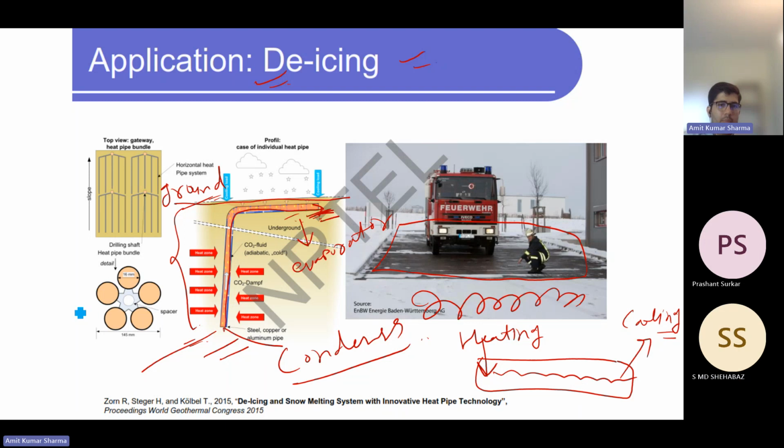Yes, sir. Why? Because the condenser's supply of water comes down, sir, after cooling, and again it has to supply heat. Again, it will go to the evaporator. Cyclic process, sir. So earlier it was not cyclic.